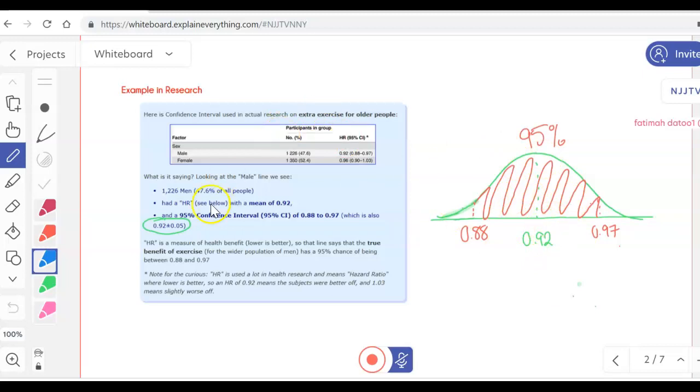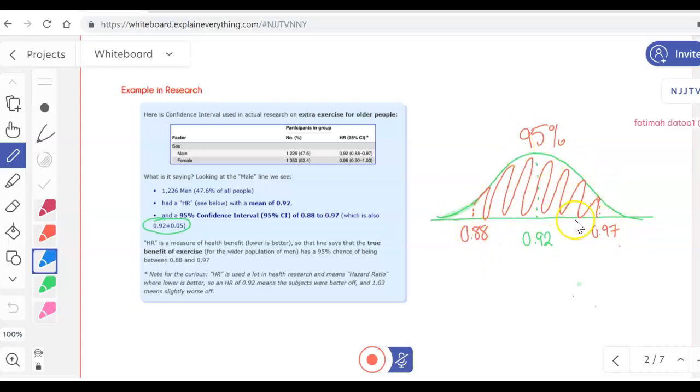And what they said is a 95% confidence interval, which means that their average was 0.92 plus or minus 0.05. So sometimes if you repeat the study, you might get 0.88 or you could get 0.97, but 95% of the time you will stay within this area. And that's what they're saying.